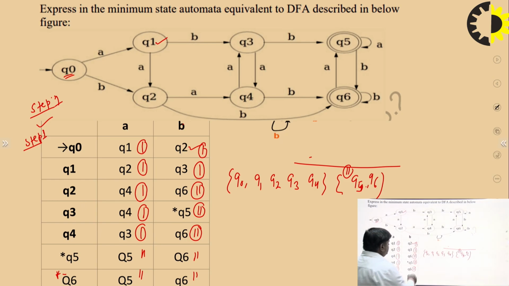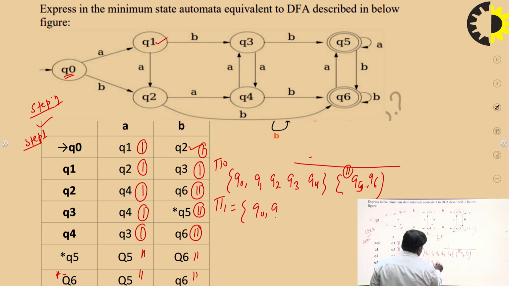So, now what is the next state? We move from I1. It means Q0, Q1 have the similar behavior, lie into the same set.